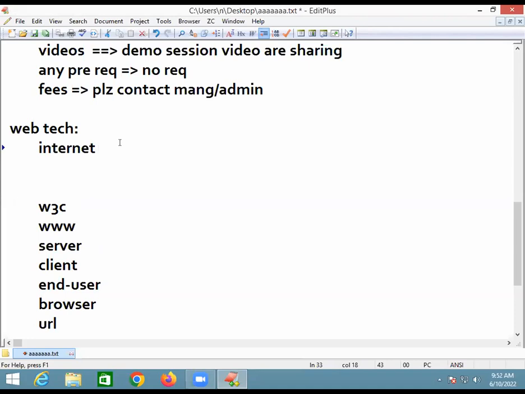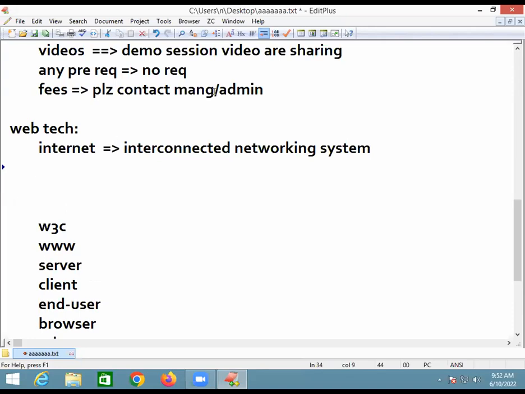No, a full form is there. We have two types of full forms, sir. One is Interconnected Networking System. This Interconnected Networking System is simplified as the Internet.